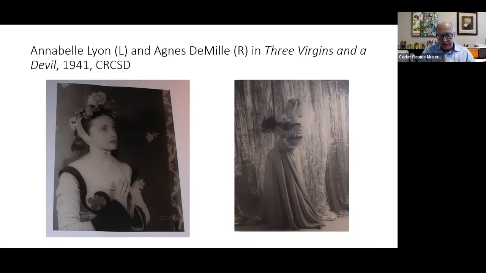And she was involved, as you can see here, in de Mille's 1941 Three Virgins and a Devil, portrayed as the lustful one. Agnes de Mille was an American dancer and choreographer. Awards included the Tony Award for Best Choreographer in 1947 for Brigadoon. And she was also, more recently, featured on a U.S. postage stamp in 2004.